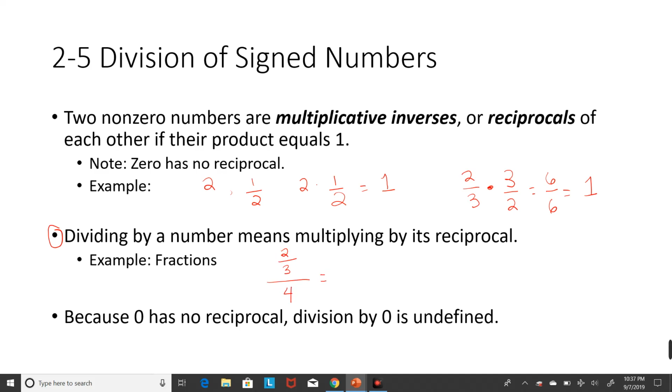What you're going to do is you're going to copy the numerator, change it to multiplication, and flip the denominator, meaning you take the reciprocal of the denominator, which would be 1/4. So this would give us 2/12 or 1/6. And I got that by multiplying the numerators and multiplying the denominators.